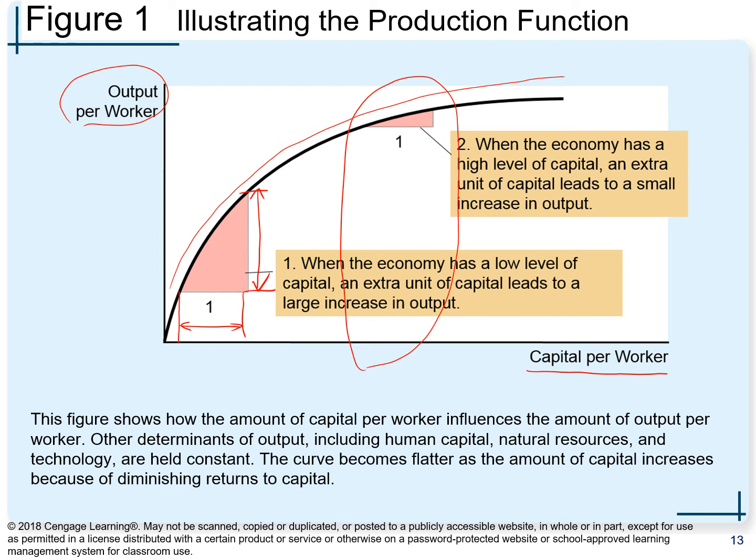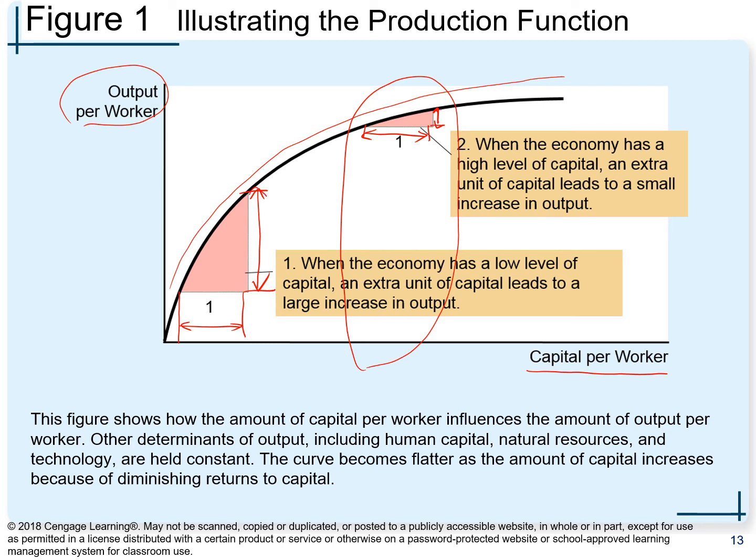So in this area, for the same increase of capital stock per worker, it can increase output per worker only this much. This is decreasing, right?